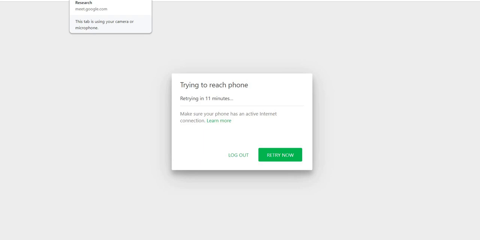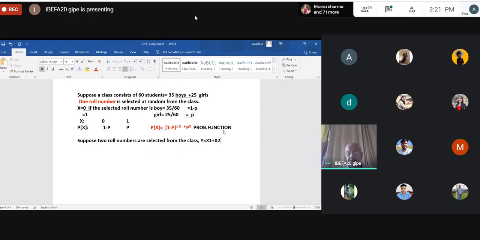Now y equal to x1 plus x2. x1 stands for first roll number, x2 stands for second roll number.